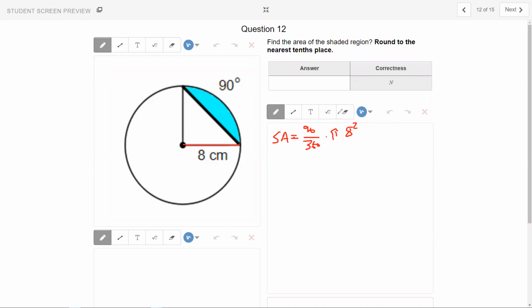You put that in our calculator, that's going to be 16 pi, or 90 divided by 360 times pi times 8 squared, 50.3.